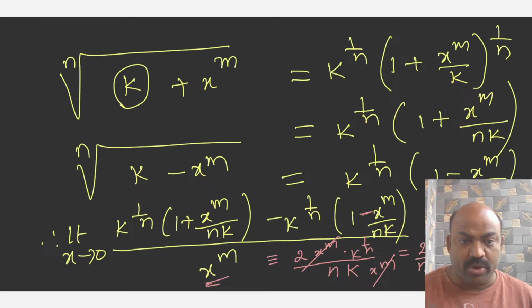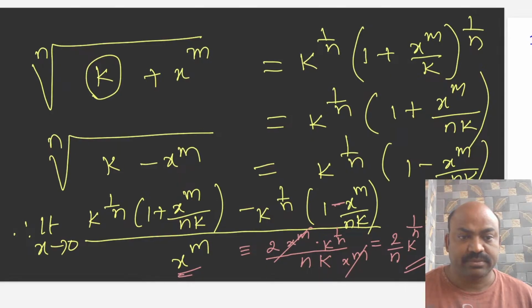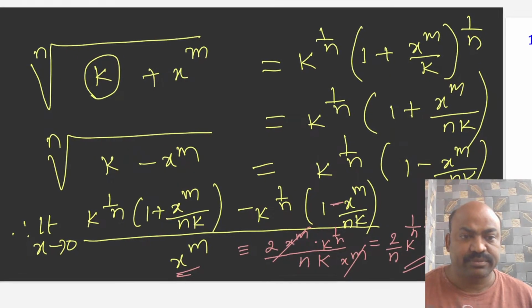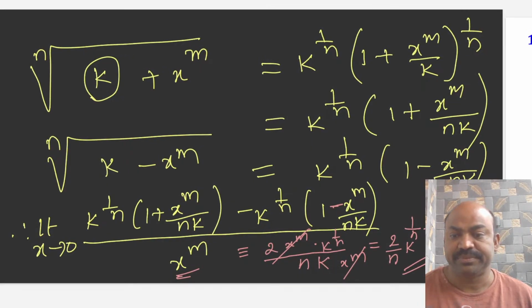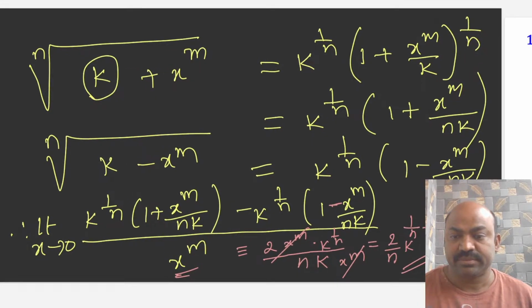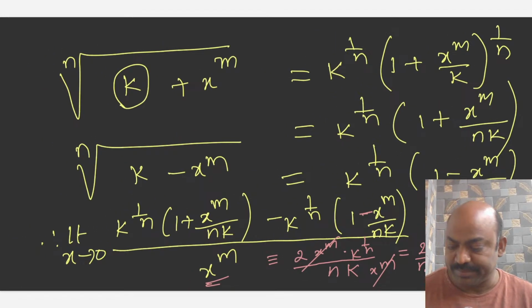So the final point you have to remember is 2 by n, k power 1 by n minus 1. Clear?